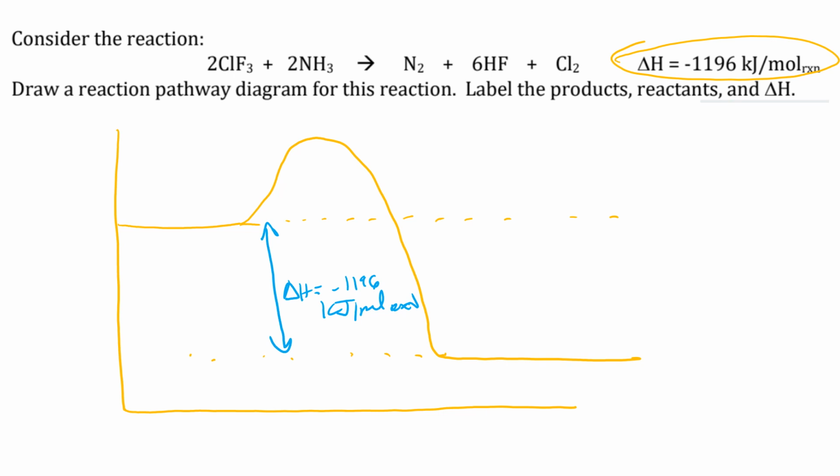So let's label the reactants: 2ClF3 plus 2NH3. Then our products are N2 plus 6HF plus Cl2. And let's say, for example, they ask you to label the energy of activation. It would be here. But they don't give us numbers, so it's okay.